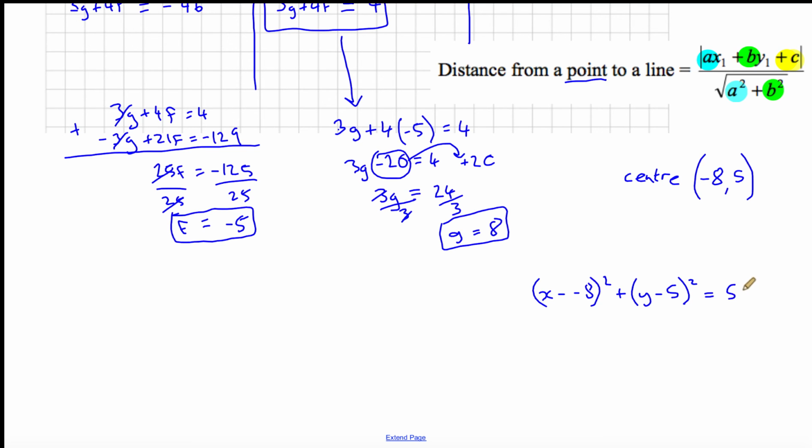The radius of the circle, if you remember, was 5, so 5 squared. So that gives me x plus 8 all squared plus y minus 5 all squared is equal to 25. And that finally is the equation of the circle and the end of the question.